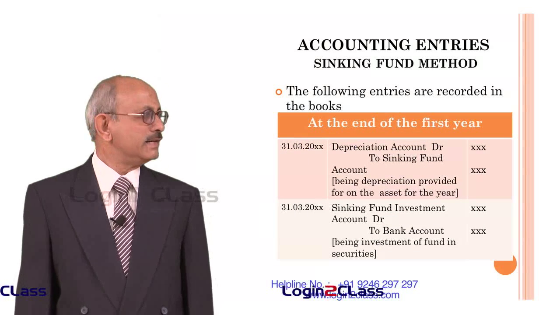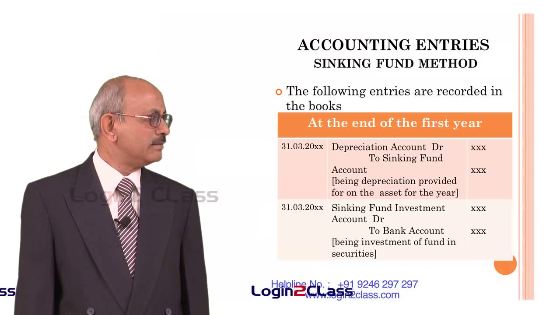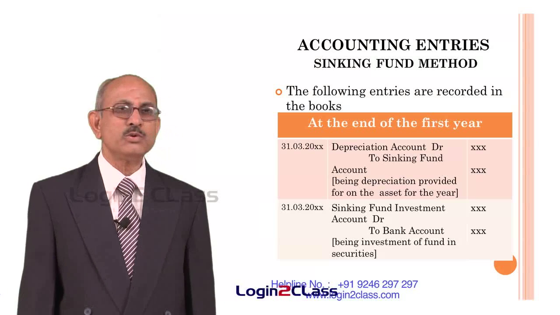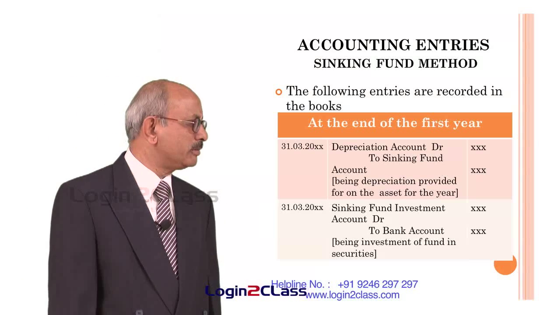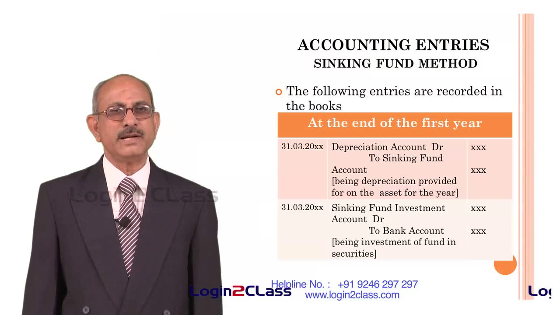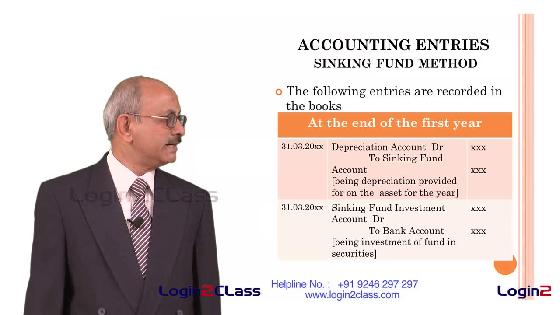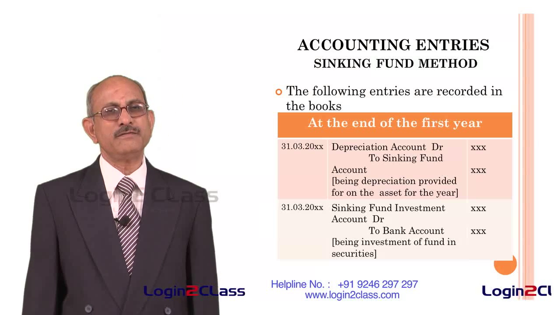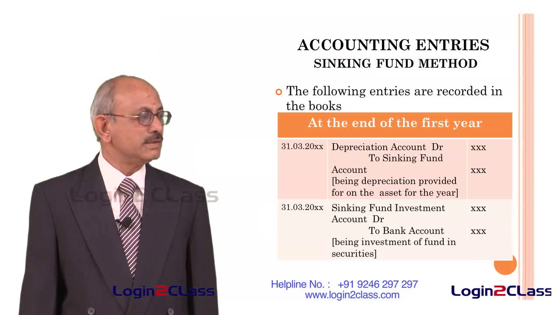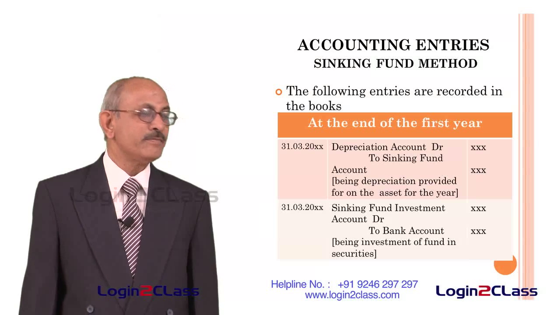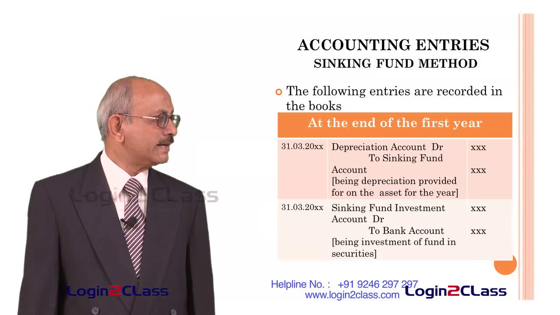There you can see the depreciation account is debited with the amount of depreciation calculated on the method. That depreciation amount could be by any of the methods. It can be either straight line or WDV method, but that amount is debited to the depreciation account and the sinking fund account is credited. That is the depreciation provided for the asset during the year, and a similar amount is now kept separately as a sinking fund investment account by debiting that account and crediting the bank account.